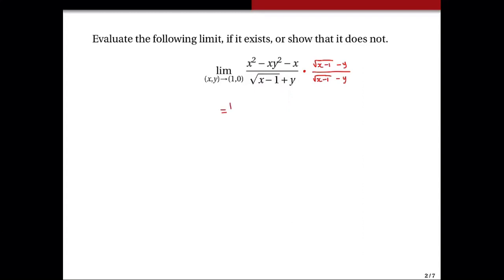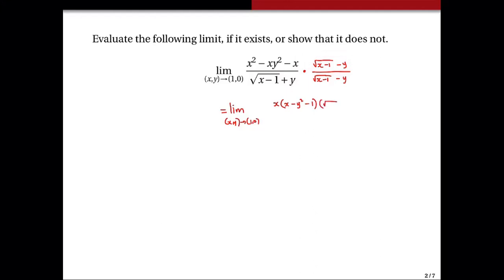Therefore, this guy here, we will have the limit as x,y goes to 1 comma 0. Here, we factor out x. Let's do that. If we factor out x, we will have x times x minus y squared minus 1. And then here, let's just retain this factor.